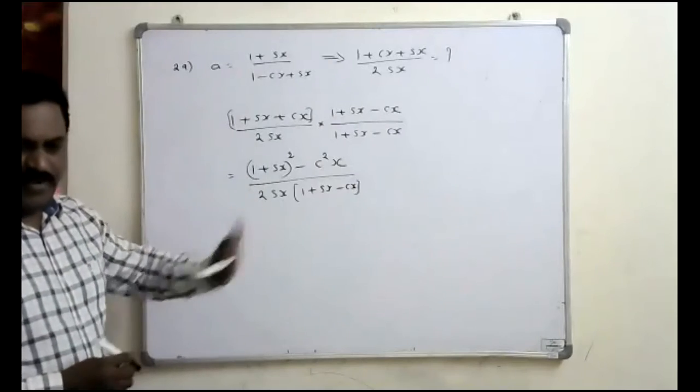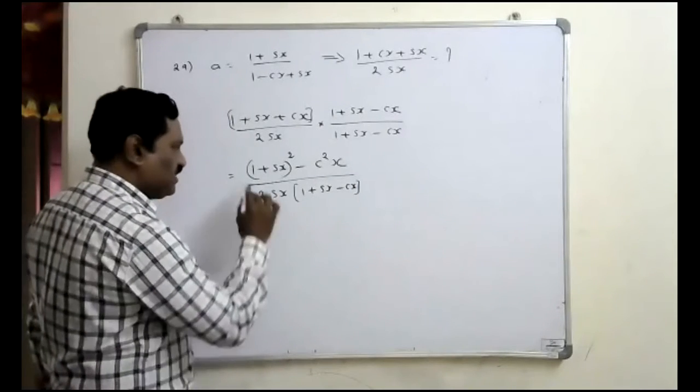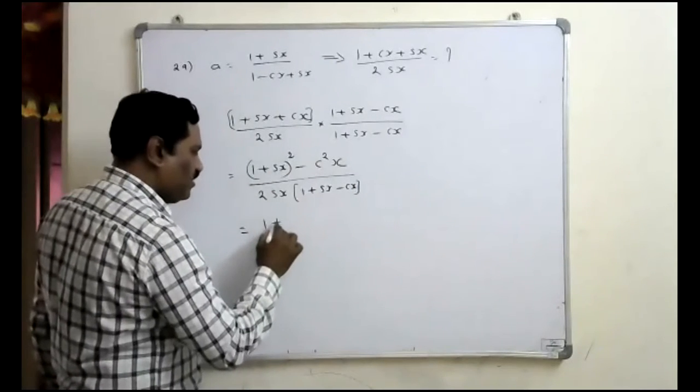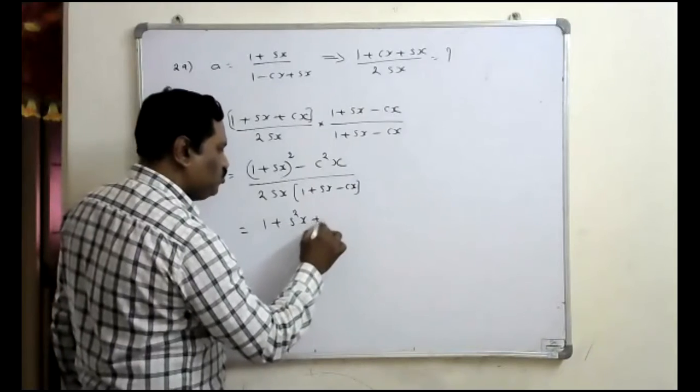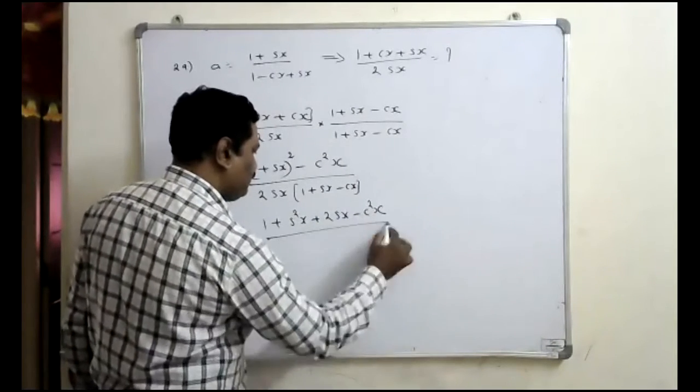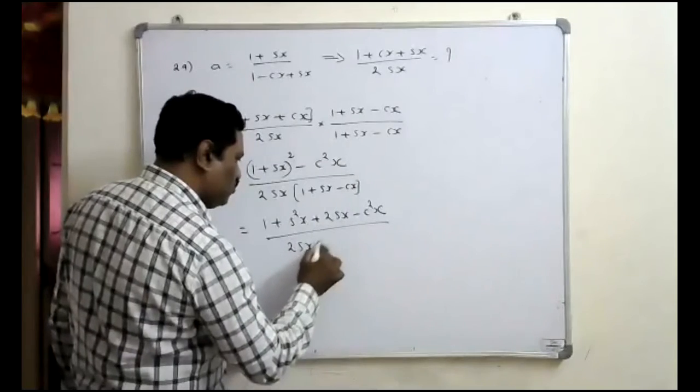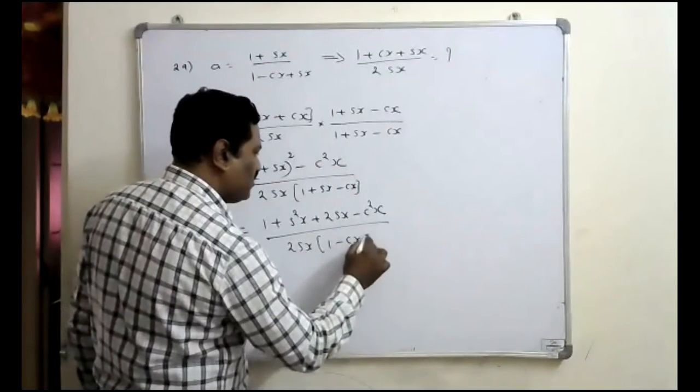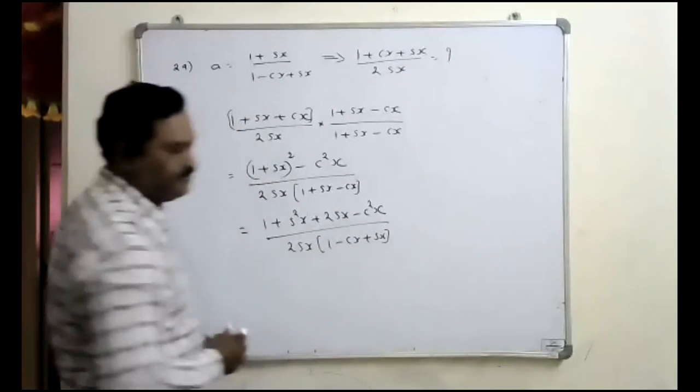Now the numerator, if you expand, a plus b whole square is a square plus b square plus 2ab, that is 1 plus sin square x plus 2 sin x minus cos square x, upon 2 sin x into 1 minus cos x plus sin x in the denominator.